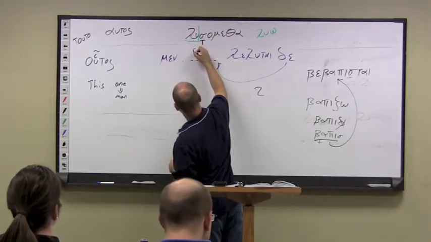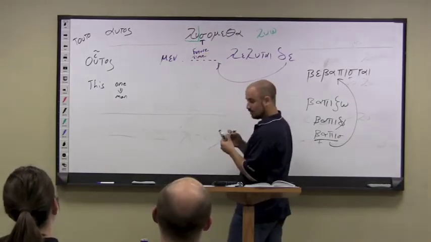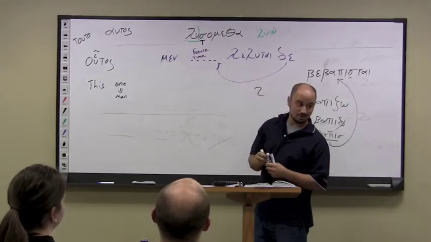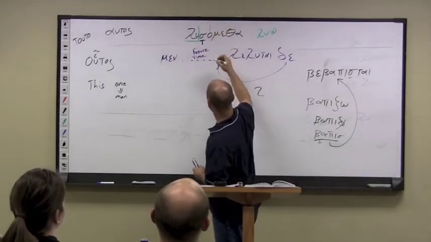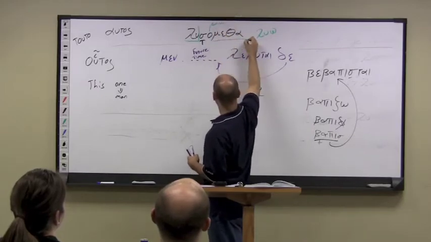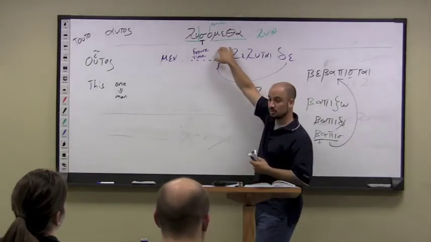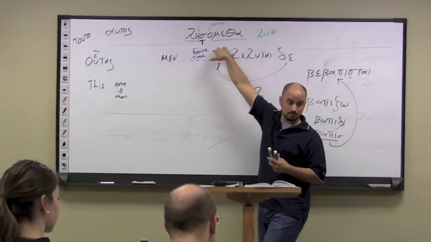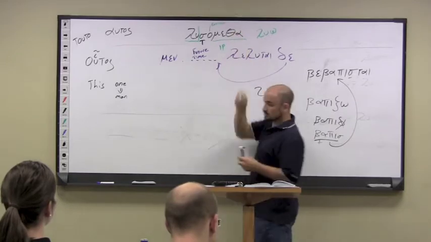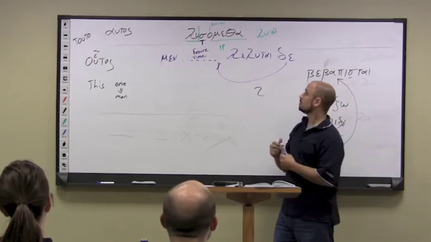Future time morpheme. So there's our sigma. Then we have what? Connecting vowel, which means nothing to us. It just is a cushion. And then we have our ending, metha. Now, what is this ending? It is the first person plural. Good. Now it is what voice? The middle.